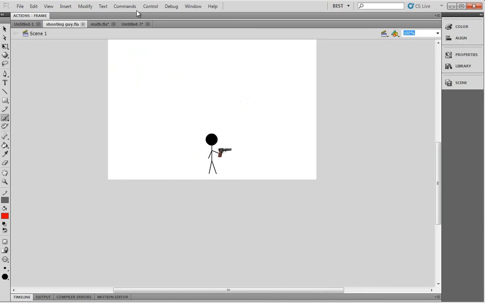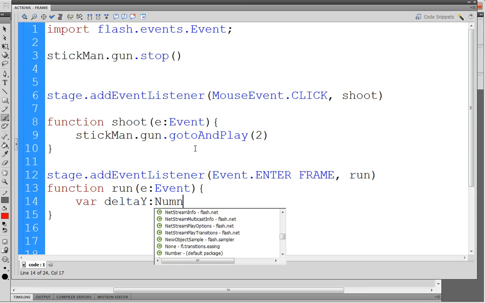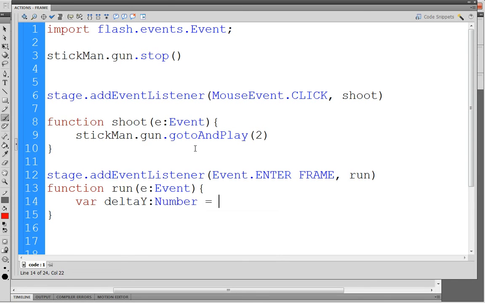Okay, so let's go back in our code and we will type that. First of all, we will create in the run function 3 variables. The first one will be delta y, which will be a number equals something that we will write later.